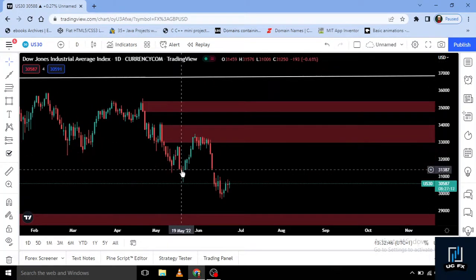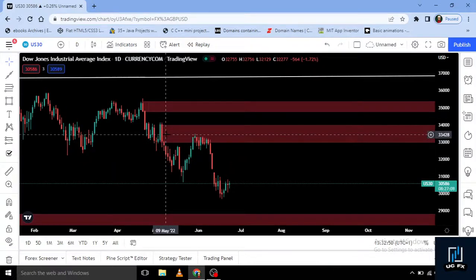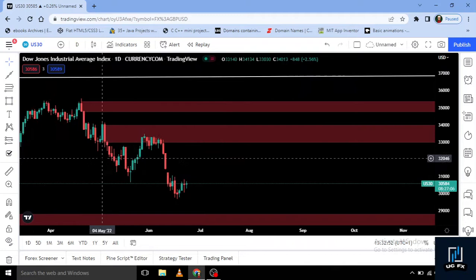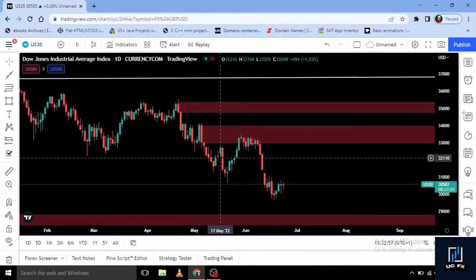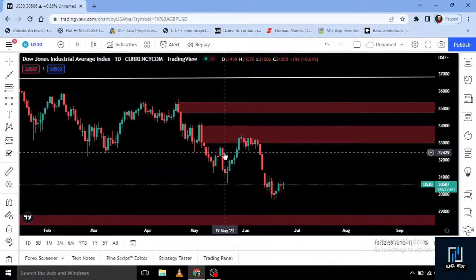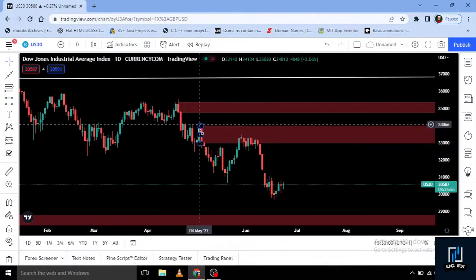Right here you can see how price entered this order block. So how are we going to know that this order block is going to hold? Just like I said in the previous examples, we have liquidity inside the zone. So the order block needs to break structure.